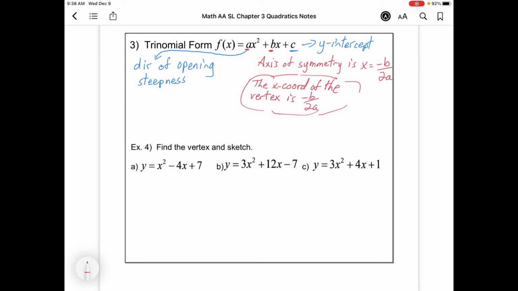And if you know the x-coordinate, then you can find the y-coordinate. The y-coordinate of the vertex is found by subbing in the x-coordinate of the vertex.